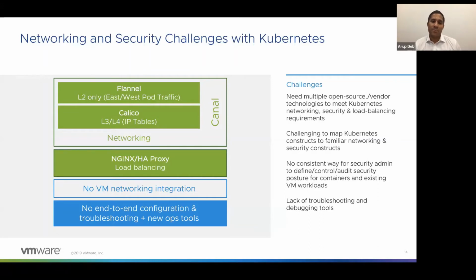And the really big problem, on top of that, is that if you're trying to operate these environments, then you need a way to see the whole environment, meaning your container, your VM, your bare metal. This is not possible if you're using multiple different open source projects for your container workloads.